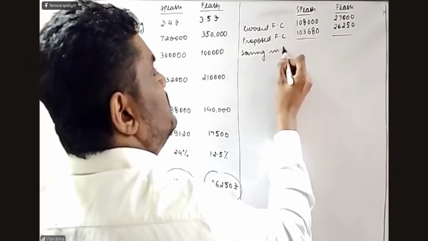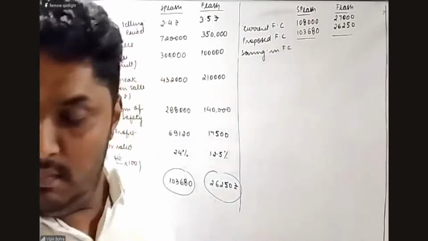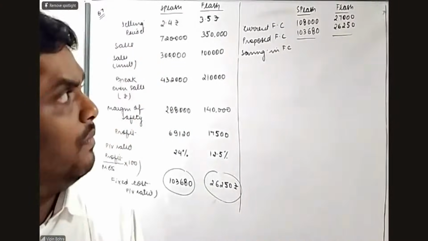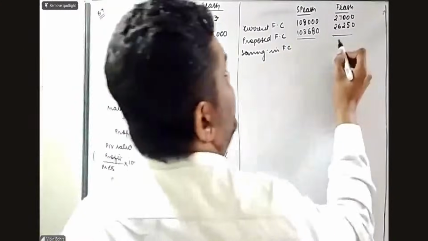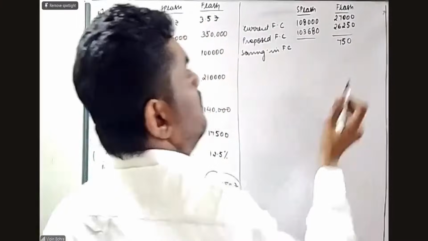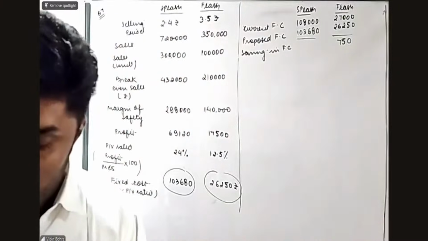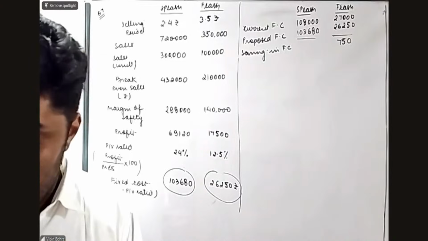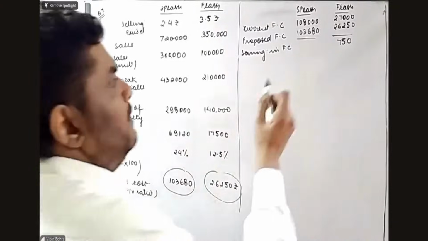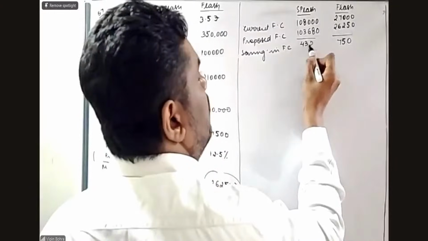So saving in fixed cost, this will be 750 and this will be 4,320.